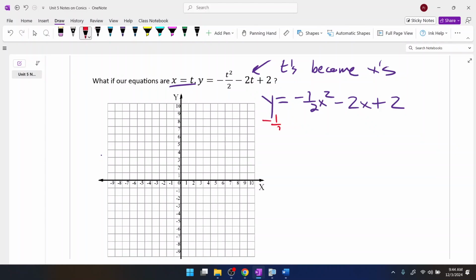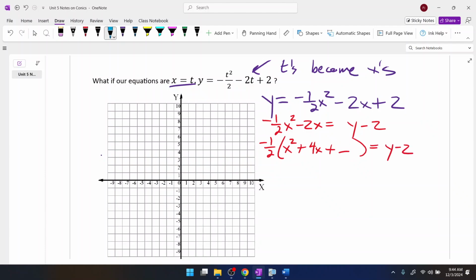All right, so yeah, you have negative 1/2 x squared minus 2x equal to y minus 2 here. You can take out a negative 1/2, and that would become x squared plus 4x plus something. And you have y minus 2. And we're going to have a 4 that completes the square, but that's a negative 1/2, so minus 1/2 times 4. So you literally have negative 1/2 times (x plus 2) squared equal to y minus 4.